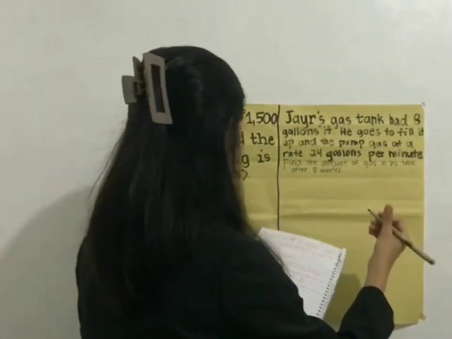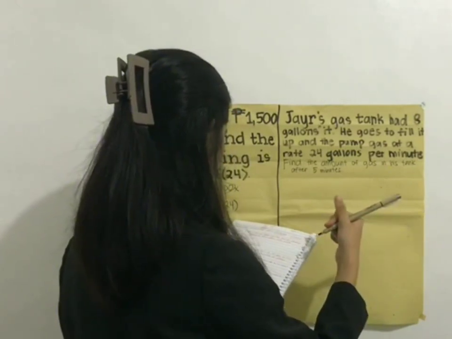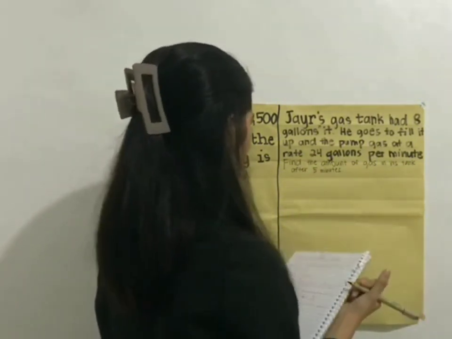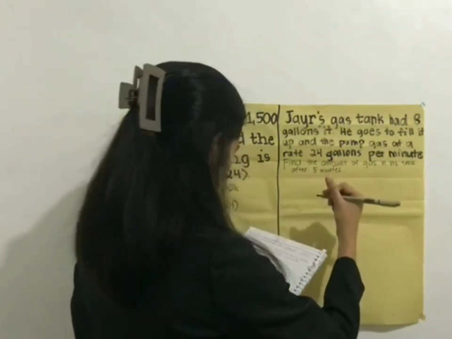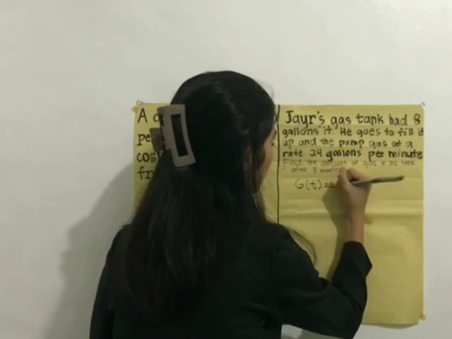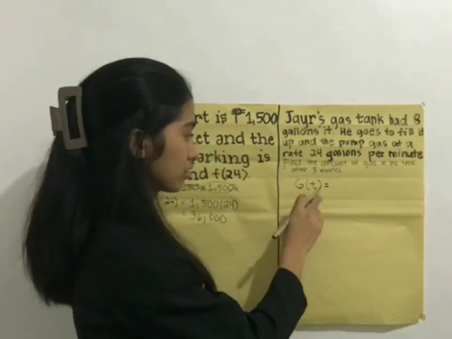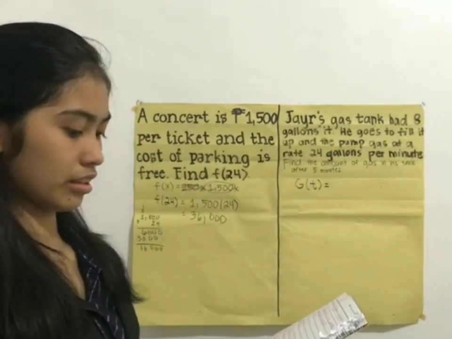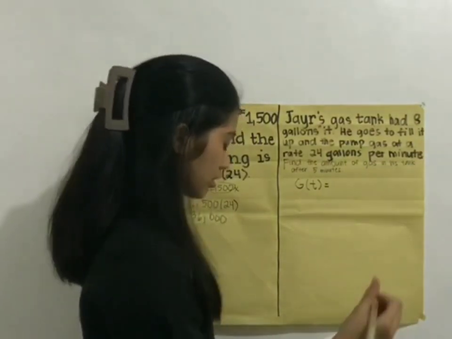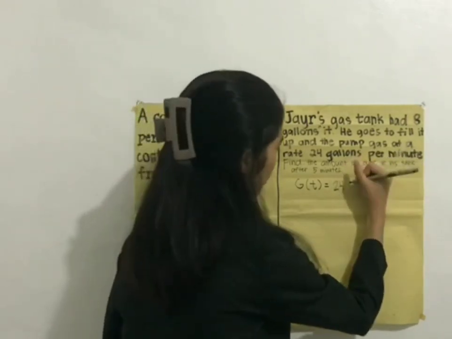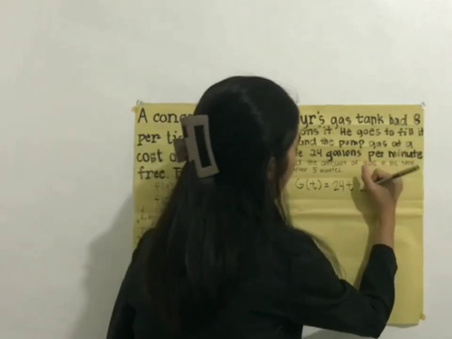So we can express it by using this. We can just use some variables to represent this problem. G of T, where G is the gas and T is the minutes, equals 24T plus 8.